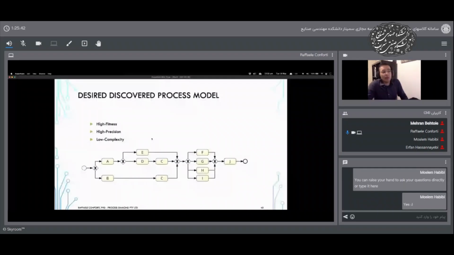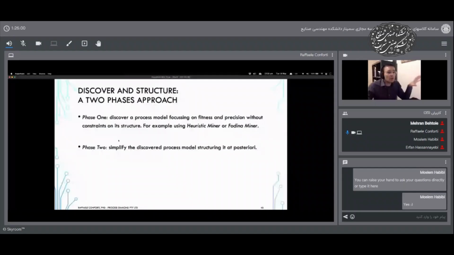The idea that we have in this case, on how to achieve that, was that instead of focusing on discovering models that are structured to begin with, let's discover models that are really, really good, but could be messy, and then let's try to fix the messiness after.